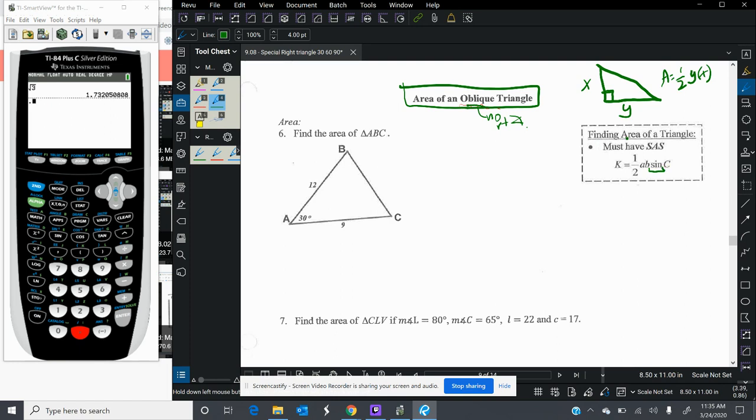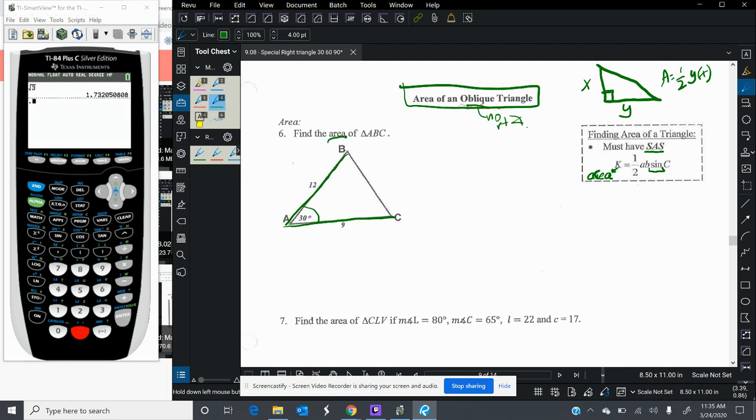So in order to find the area of a triangle, you must have side angle side. So you need two sides of any triangle, the angle shared between those sides, and you can sub into this formula. K is the area of an oblique triangle. Okay, so that's what the letter big K stands for.